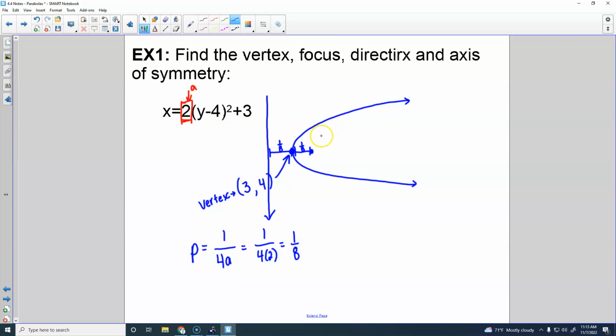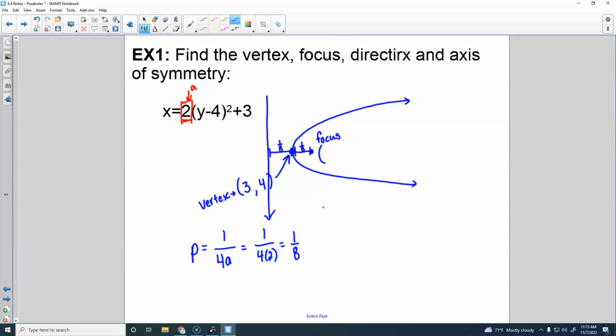Okay, so for our focus here, I'm moving to the left or right. So which coordinate is going to change? The x coordinate, right? I really don't like mixed numbers. Let's see, 1/8, is that 0.125? I think it is. 1/8 is 0.125.